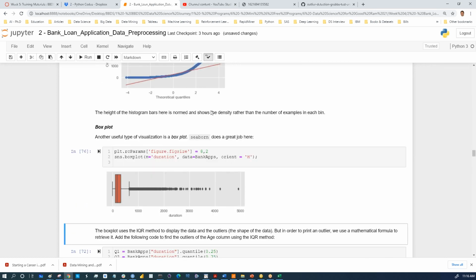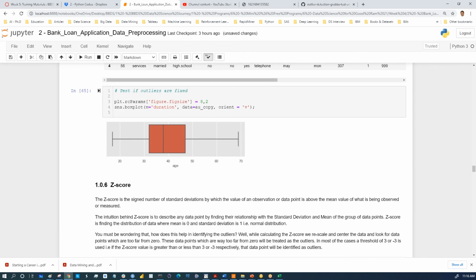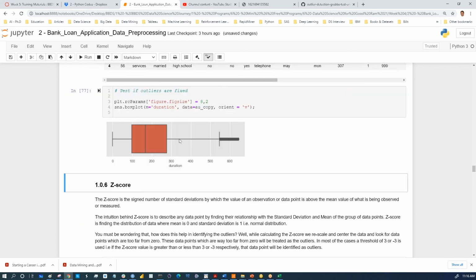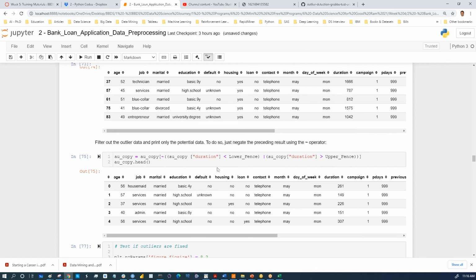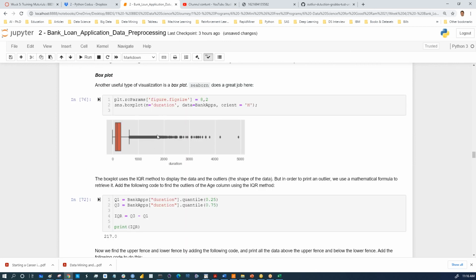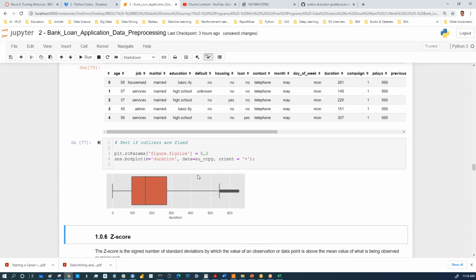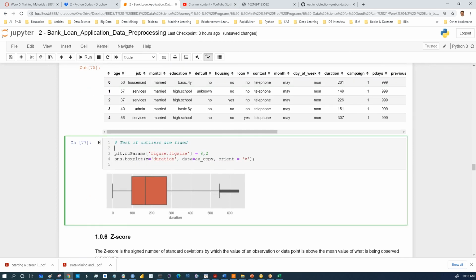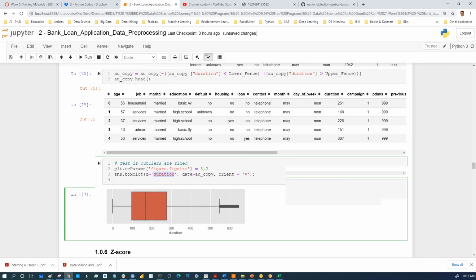We should have a better box plot of the duration. Let's take a look. Yeah, it's better, and of course you might not get rid of everything, but it's better than this. This is very bad. So the code is there. Simply change the variable name to the column you're trying to determine.